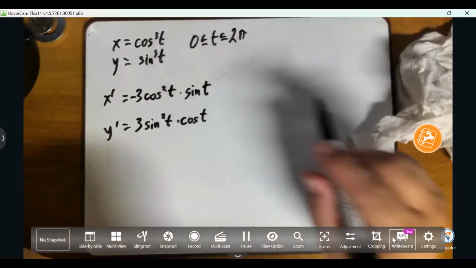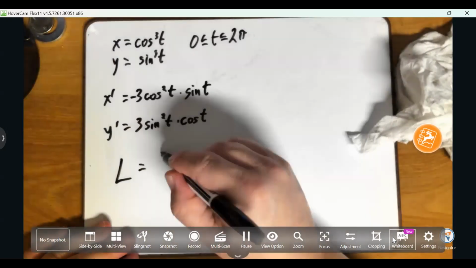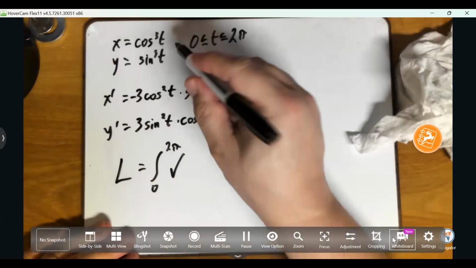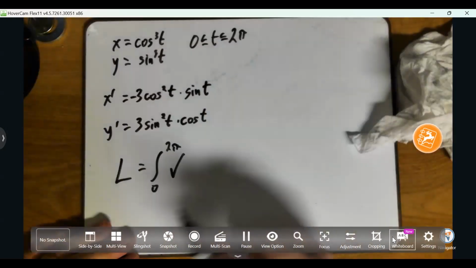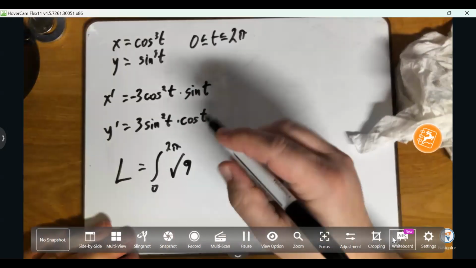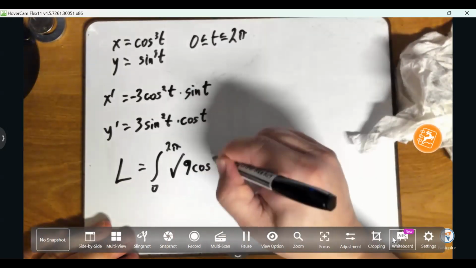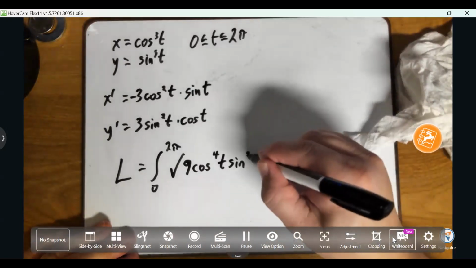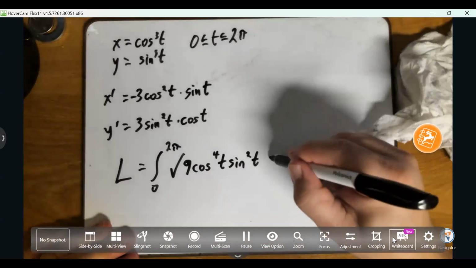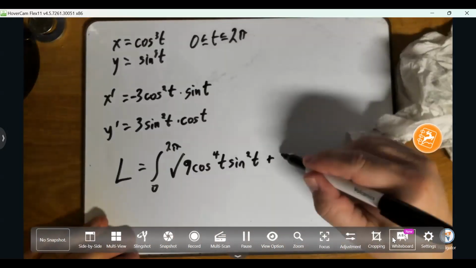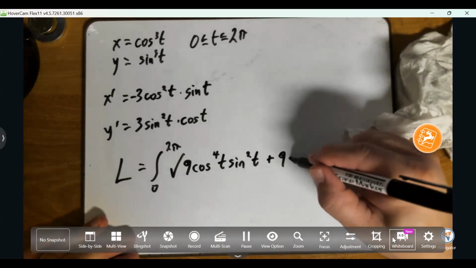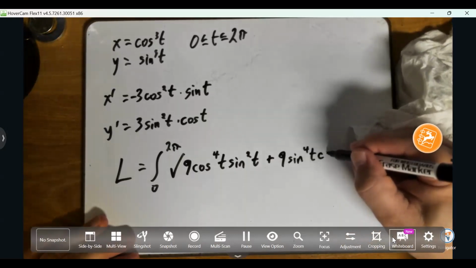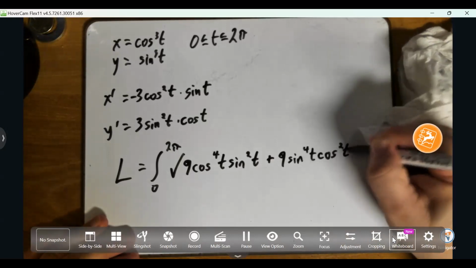All right, so now the arc length will be the integral from 0 to 2 pi of the square root of the x prime part squared, so that's going to be 9 cosine to the 4th t sine squared t, plus the y prime squared, that's going to be 9 sine to the 4th t cosine squared t.